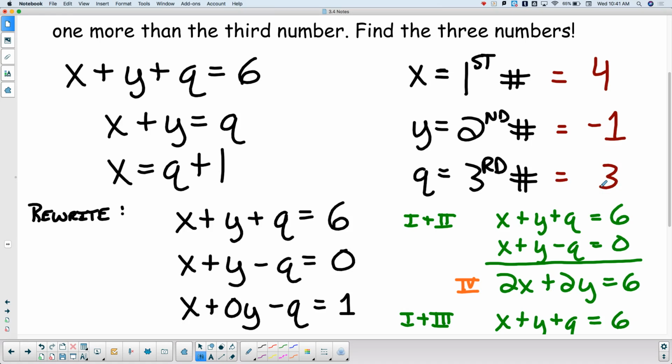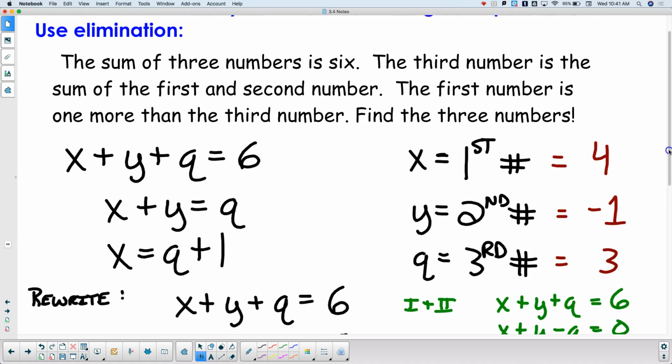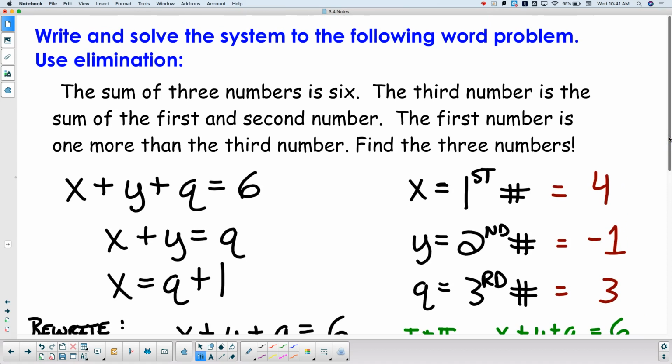The sum of the first 3 numbers is 6. 4 plus negative 1 plus 3 is 6. Yes, that checks out. The third number is the sum of the first and second numbers. 4 plus negative 1 is 3, and 3 is my third number. Yes, that checks out. The first number, 4, is 1 more than the third number. 3 is 1 less than 4, so 3 plus 1 is 4.